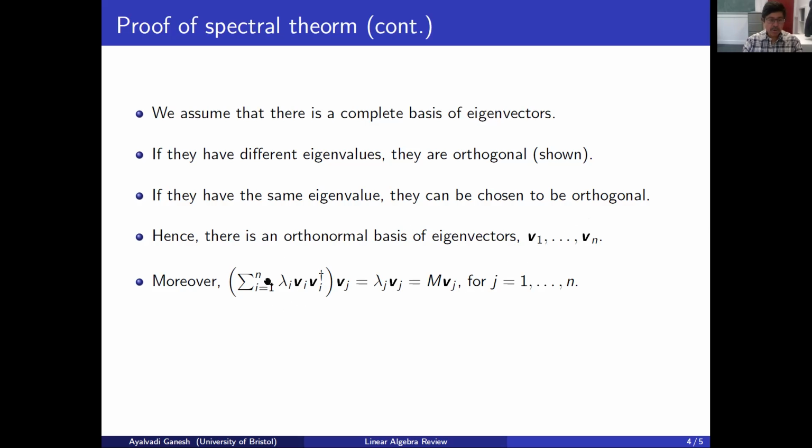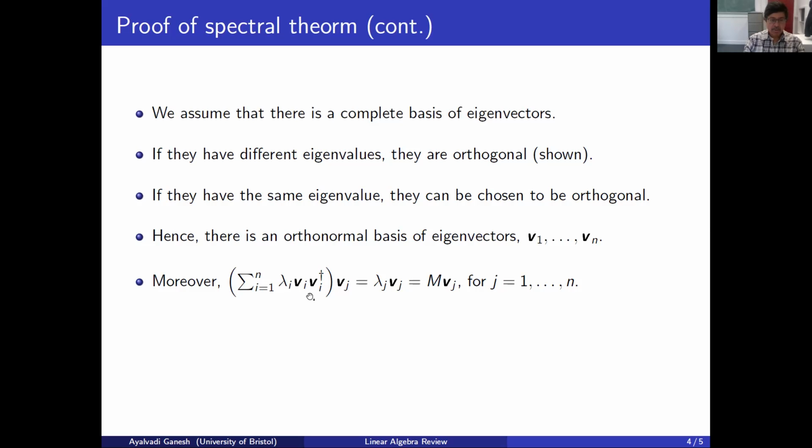Let's see how this matrix acts on the vector v_j. If I multiply the column vector v_j by this matrix, what do we get? We get the sum of lambda_i v_i times v_i dagger v_j.